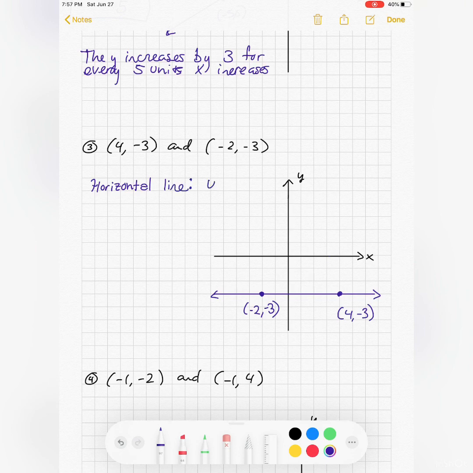For a horizontal line, I can write the equation y equals negative 3. Because no matter where I am on that line, the y is always equal to negative 3 no matter what the x is.